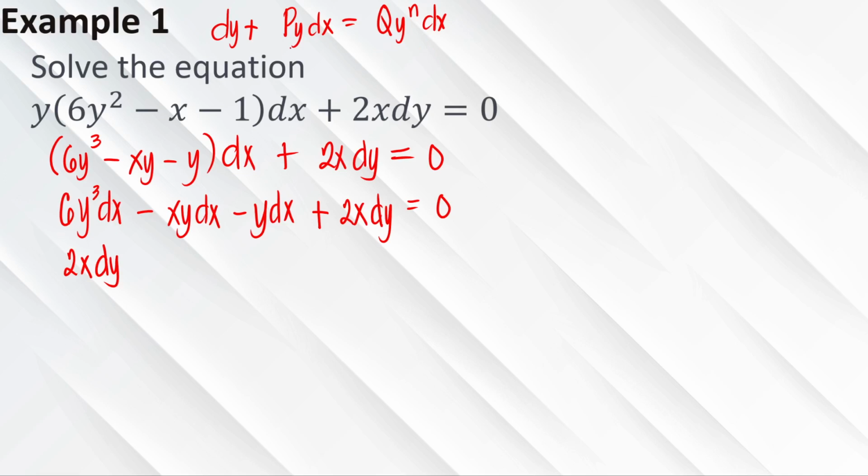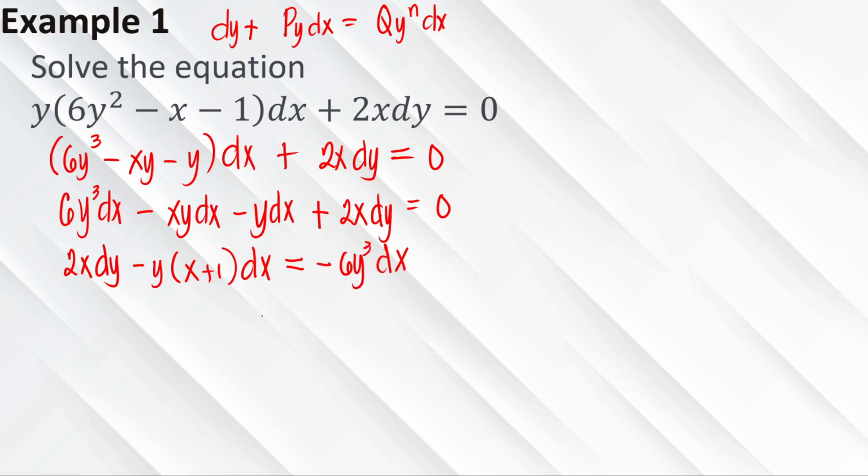Tapos, dapat ang matira lang na may dx dito sa left side is yung may katabing y. Ayan, which is ito. Kapag finactor out natin yung y, we will have negative y times (x plus 1) dx. Ilipat natin sa kabila si 6y cubed dx, magiging negative 6y cubed dx.